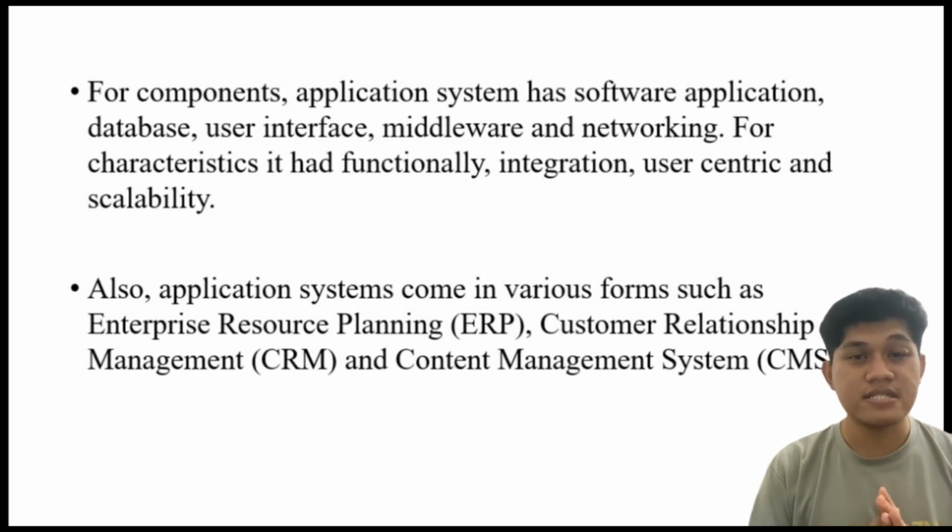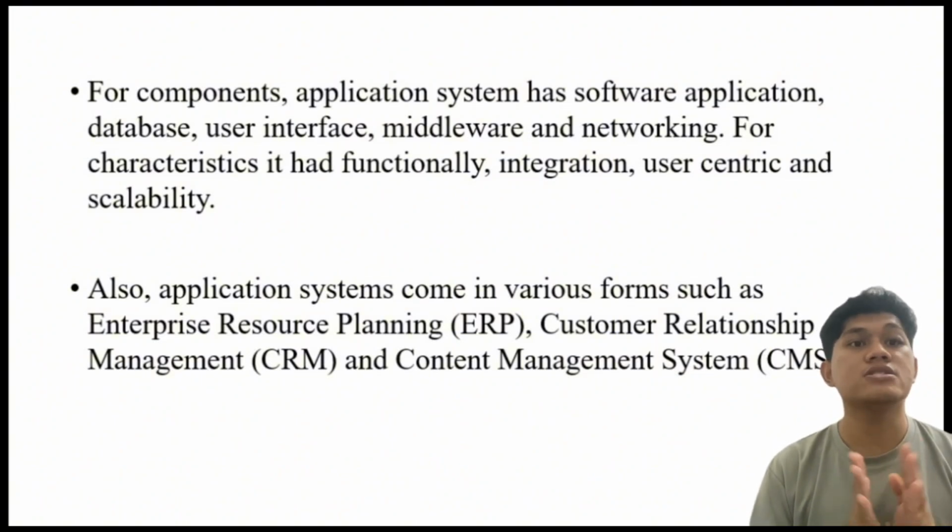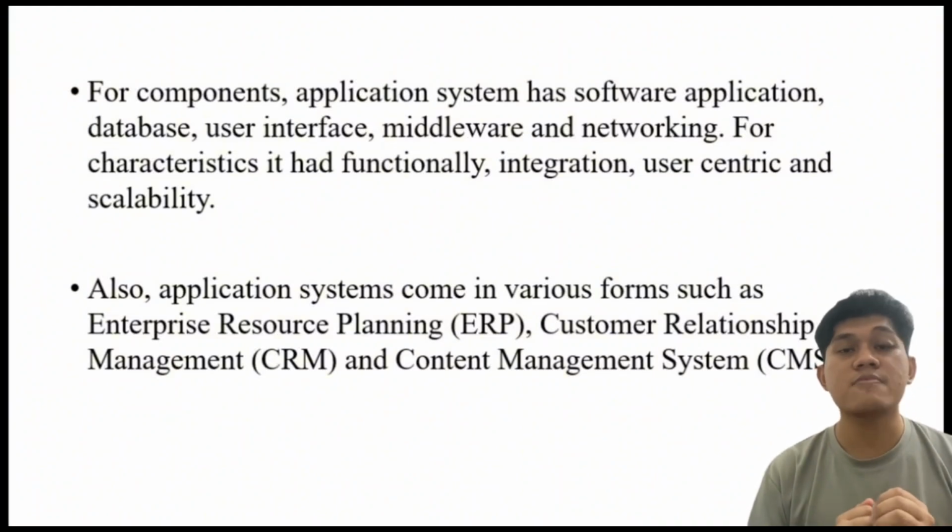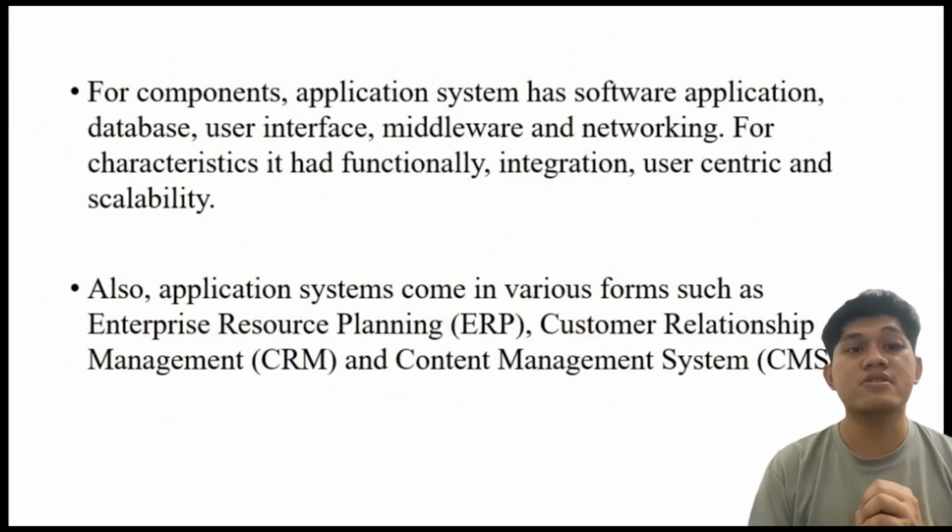For characteristics, it has functionality, for example integration, user-centric design, and scalability. Also, application systems come in various forms such as enterprise resource planning (ERP), customer relationship management (CRM), and content management system (CMS).